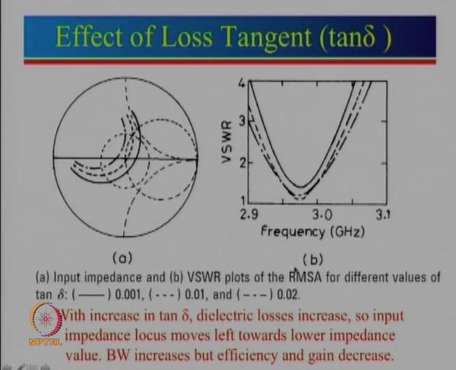A typical FR4 or glass epoxy substrate has a tan delta of 0.02. So if we now see the three curves here, this is for 0.001, this is for 0.01 and this is for 0.02. So we can say that as loss tangent increases, the whole configuration becomes more lossy.